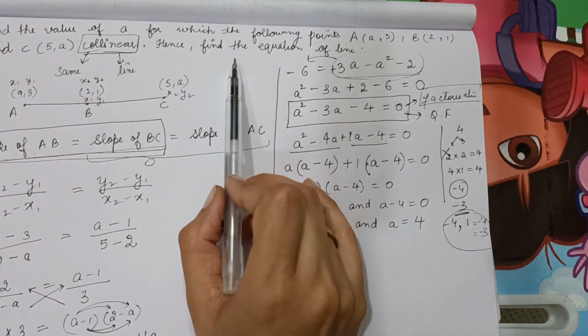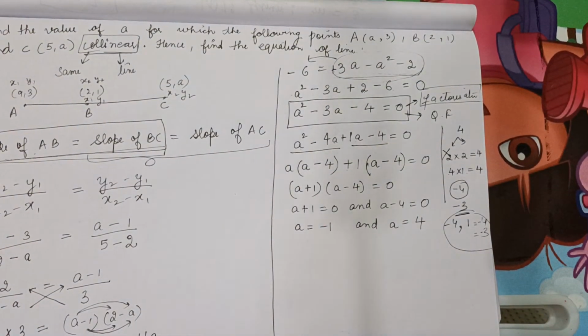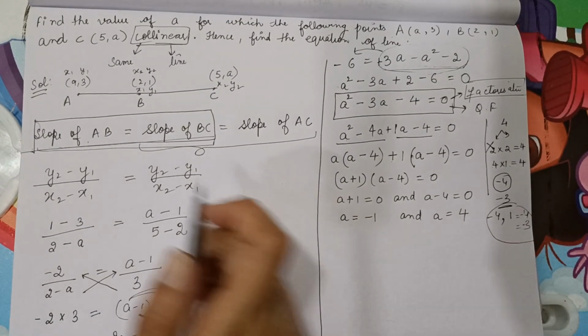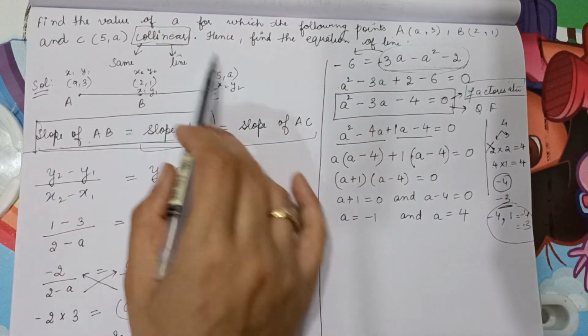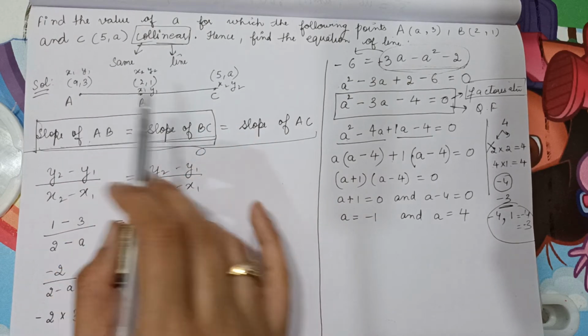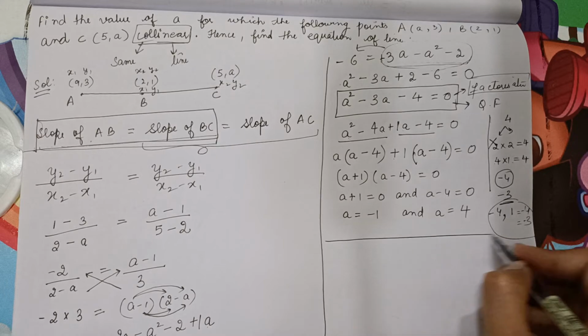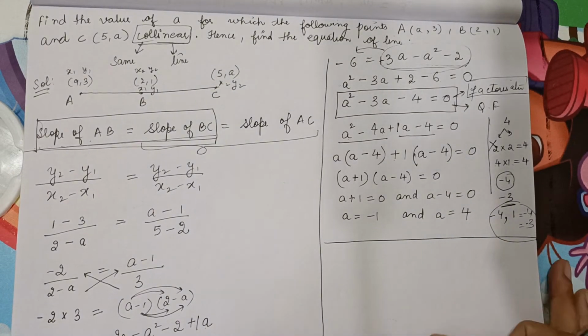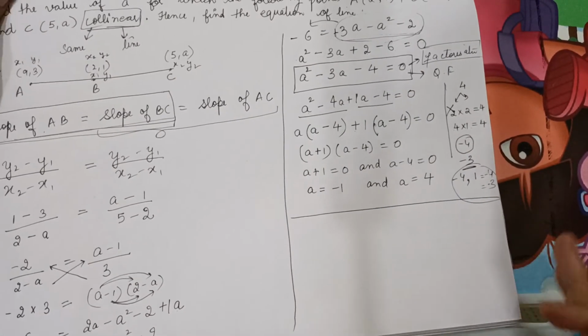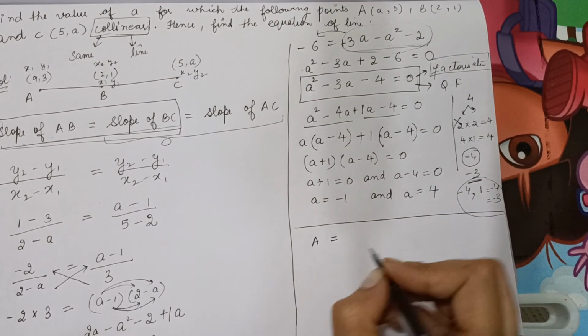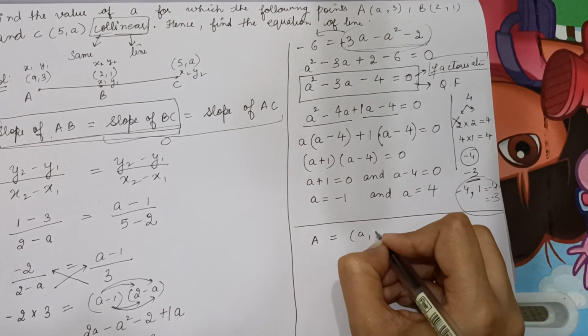Now the second part is find the equation of the line. So the equation of the line also we have to find. As you can see, we actually have only one line, 3 points are there. So any 2 points we can use. For that, first of all, we need to find the slope. See, a's coordinates we will write. So a's coordinate is a comma 3.